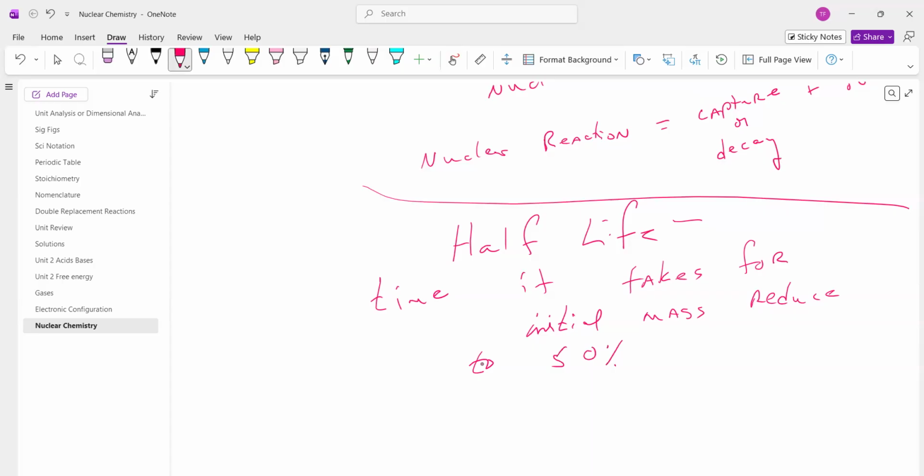And then each time a half-life goes by, whatever they started with is reduced by half. Now, I'm going to do the calculations two ways. You may choose the way you'd like to do them.